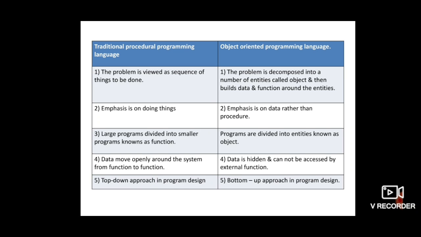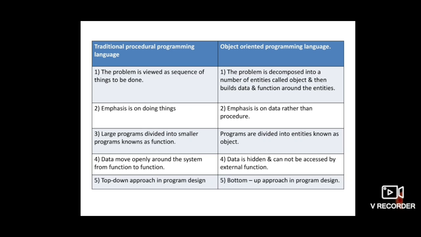Bottom up means we write the main function at the bottom, and top down means the main function is right at the top. Understood, student? This question, the difference between traditional procedural language and object oriented programming language, is asked in the board paper for 3 marks.